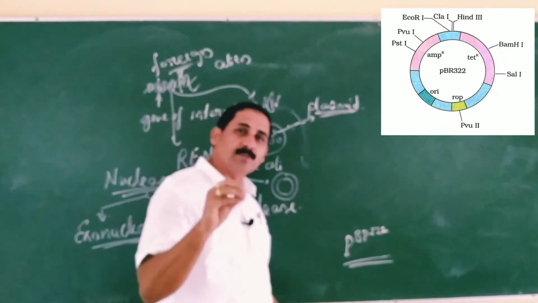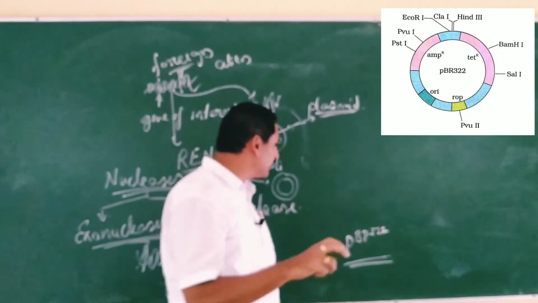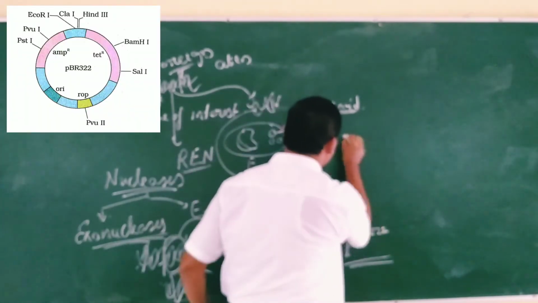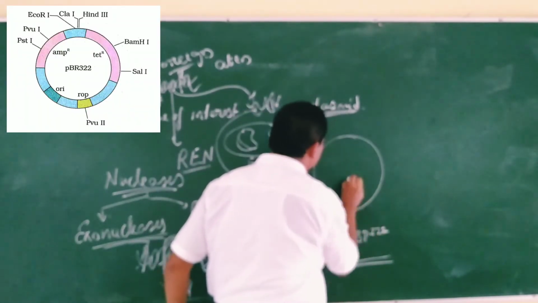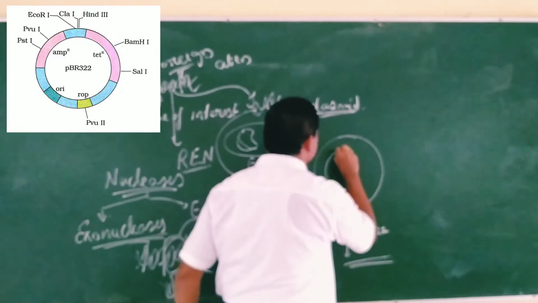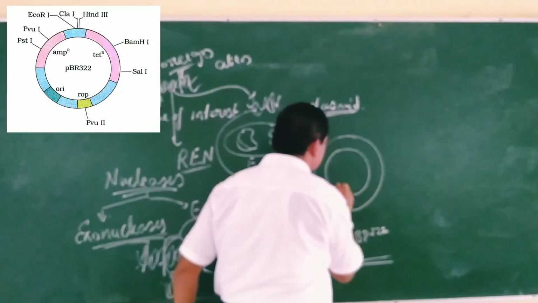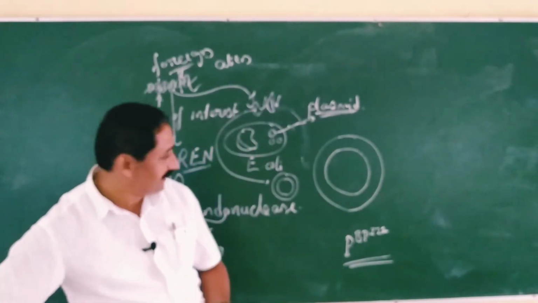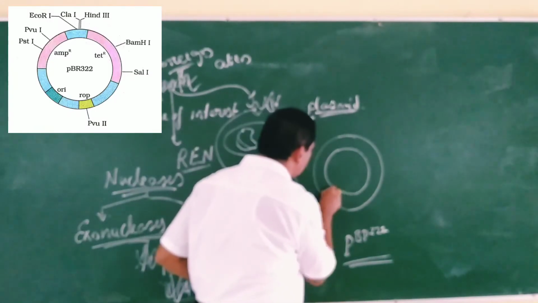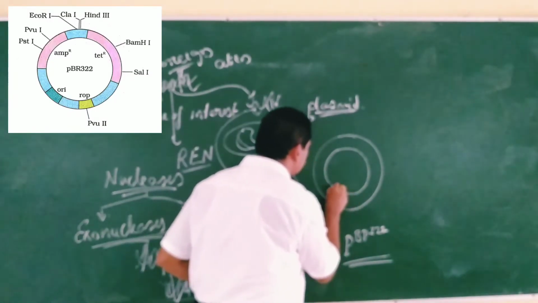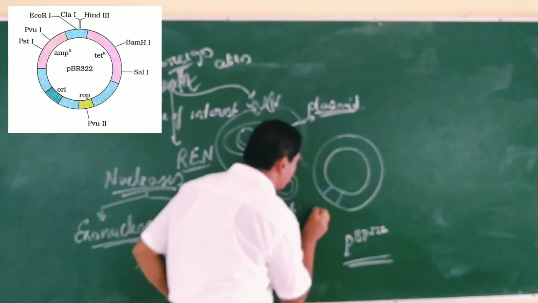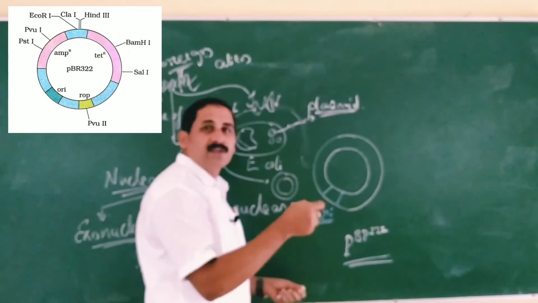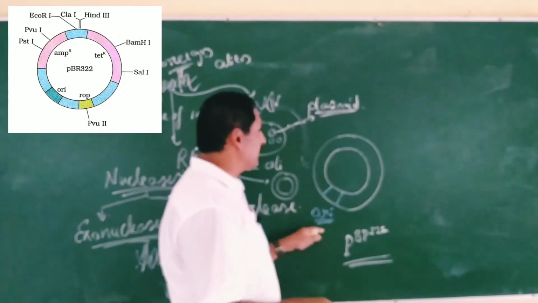So what are the important characters involved in this plasmid vector? This plasmid is a double-stranded circular DNA. In its DNA, it contains a small nucleotide sequence, a small portion, that is the ORI site, or ORIC site, the origin of replication.